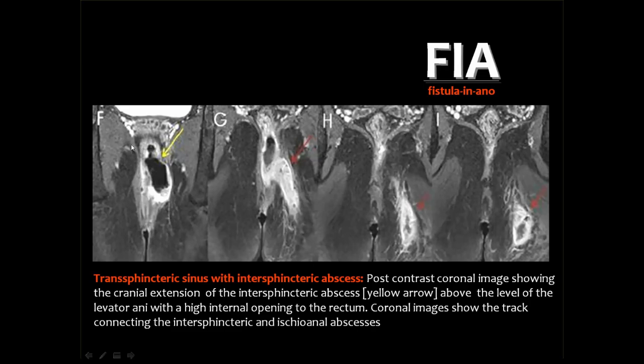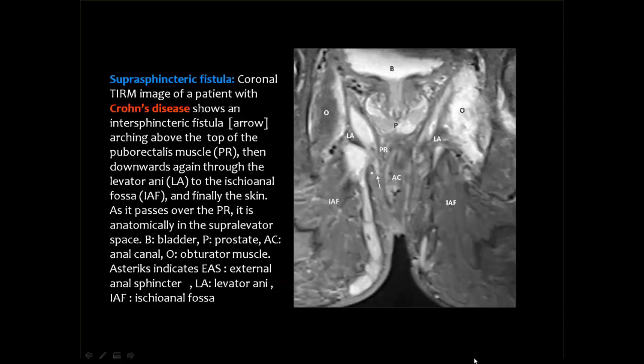You see this is the levator on the right side, and the levator has been crossed by the abscess, and the abscess has a collection here, and a track, or what looks like a track, which enhances significantly with contrast, connecting this abscess above the levator to this abscess in the squamous fossa.